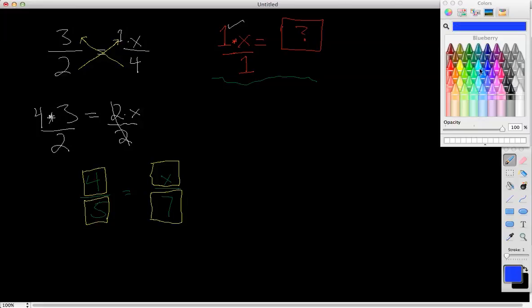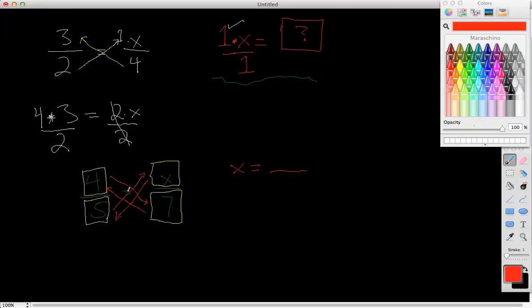So that means that if I would like to, I could bring my 5 up and across. I can bring my x down and across. I can bring my 7 up and across. Or I can bring my 4 down and across. And I can do these any which way I would like. I can choose one, or I can choose all of them. But we would like to have x on our own here. Again, remember that we want a solution that looks like x is equal to one of our numbers.